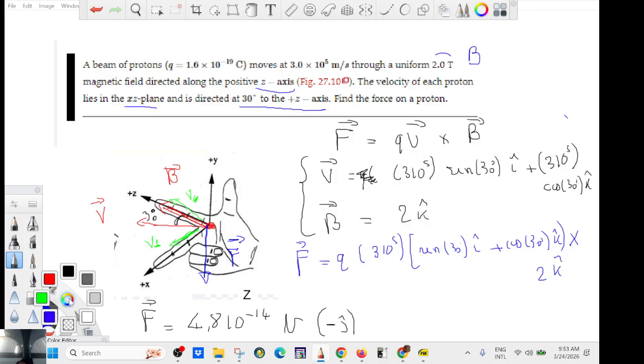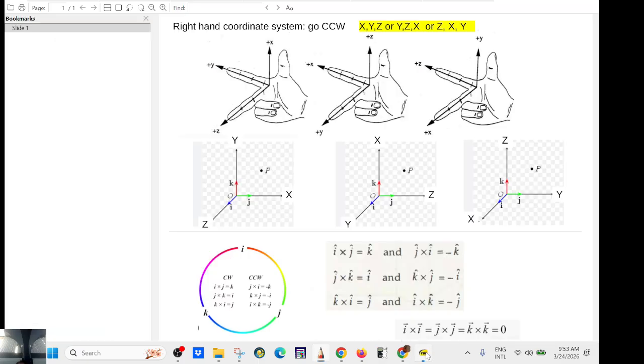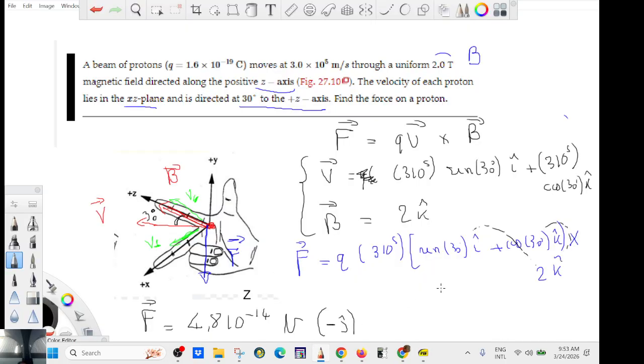And then you distribute. So it means you're going to cross i hat with k hat and k hat with k hat. K hat with k hat, what does it give? 0, very good, right? And then you have i hat and k hat, which is going to give you minus j hat.